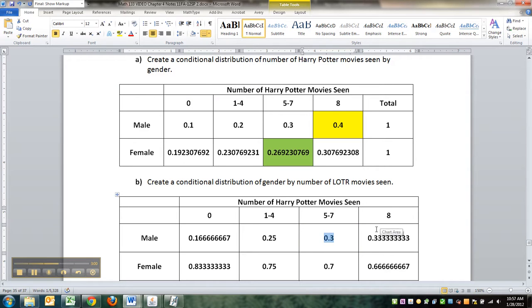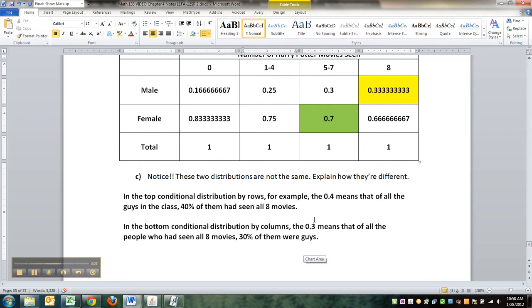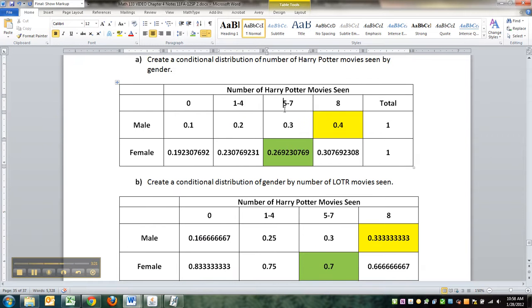It's 33%. I'm sorry, I didn't even notice that. So I have to make this 33%, not 30%. Sorry, I was in the wrong cell. 33.3%. Okay.